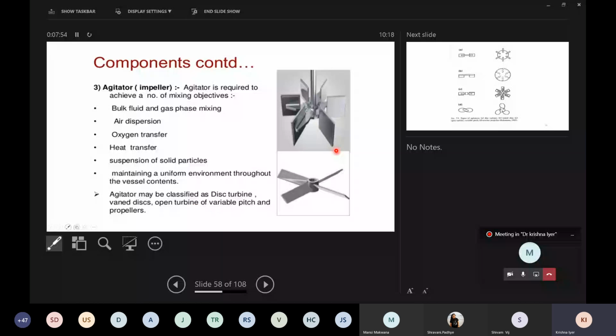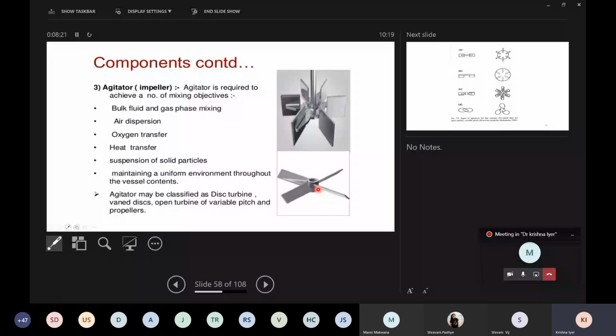What you see here is going to rotate like this, take this paddle and push the liquid along with it. This type of mixer is generally referred to as a vaned disc or paddle type of mixer. If you look at this, where the blades are at an angle, this is a very nice example of a propeller type mixer.